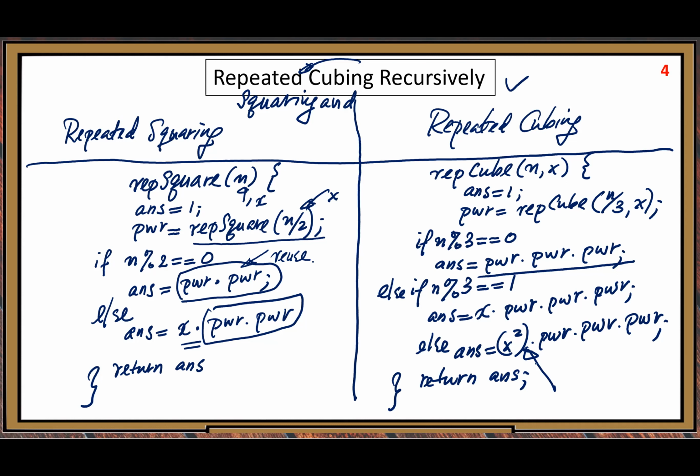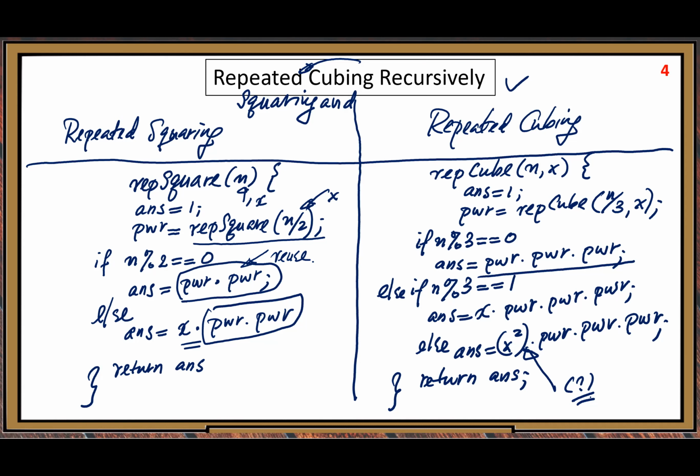A small discussion: otherwise, you just do one multiplication for this x squared. Because you can imagine, if you want to save this multiplication, you may need to do a lot of work.